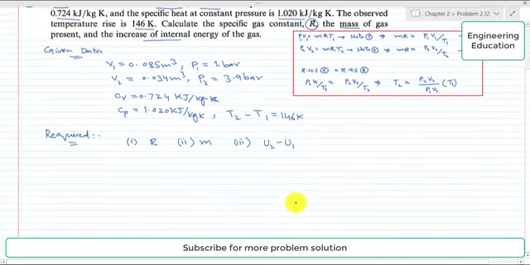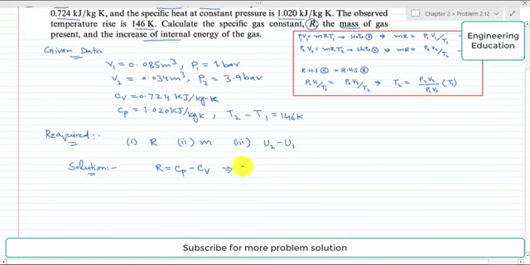So to find the value of R, starting the solution, the relationship R is equal to Cp minus Cv can be used. We know the values of Cp and Cv.